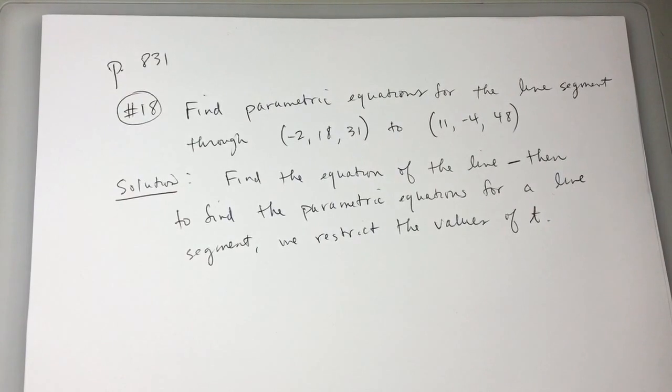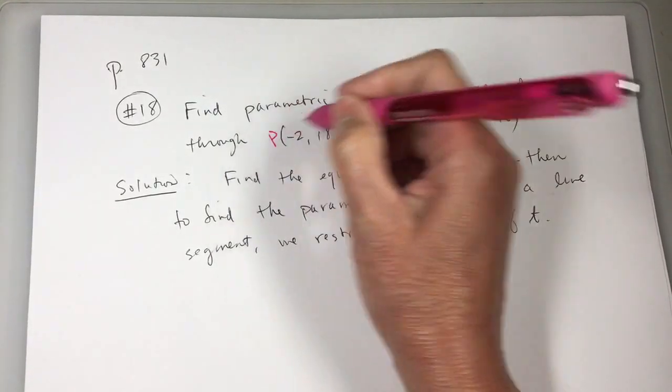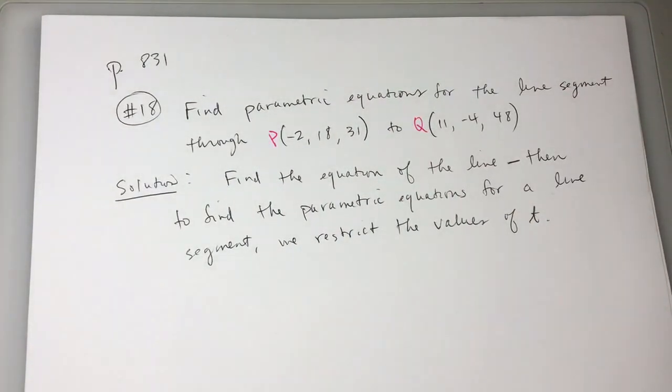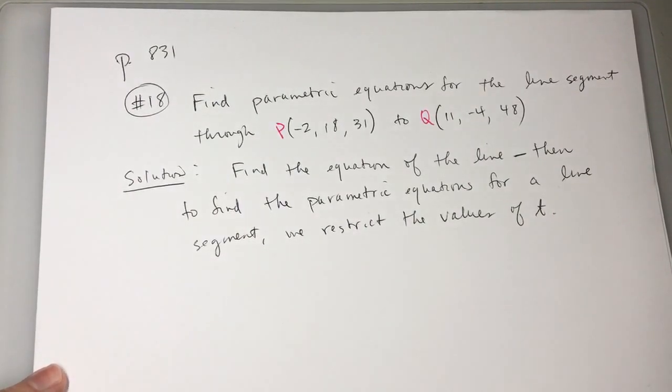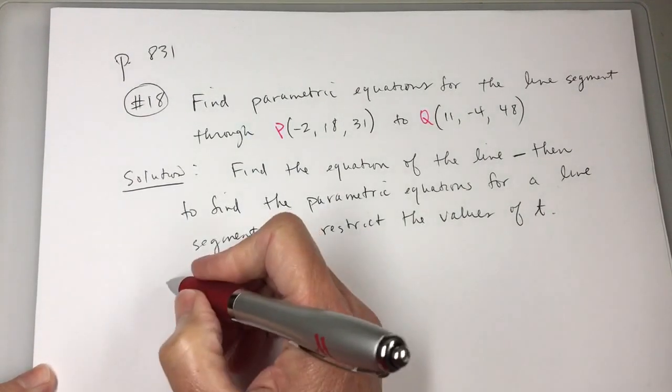As I have these 2 points, I'll call them P and Q. I'll just put P and Q next to those points. I need to find the direction of the line. To do that, I'll find either vector PQ or vector QP.